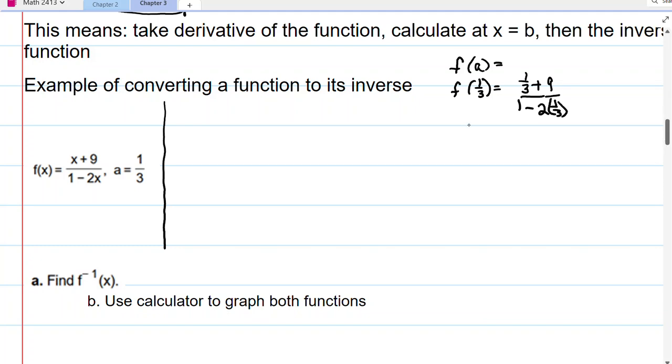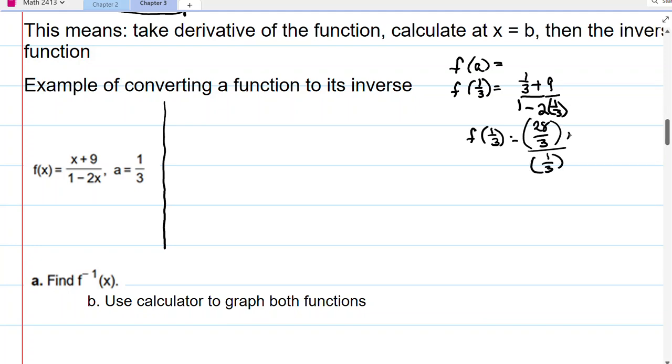I'm going to do the math. And this is going to be 28 thirds over, and this is 1 minus 2/3, which is a third. This is a complex fraction.